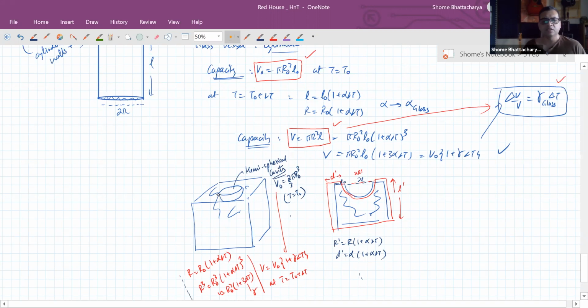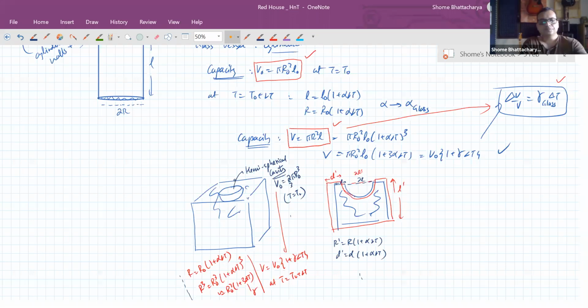We should just understand that the shape of the cavity is a hemisphere. So that shape will expand in the same way like the solid hemisphere of whatever material we've removed to scoop out the cavity. Okay, so hope this is clear, people.